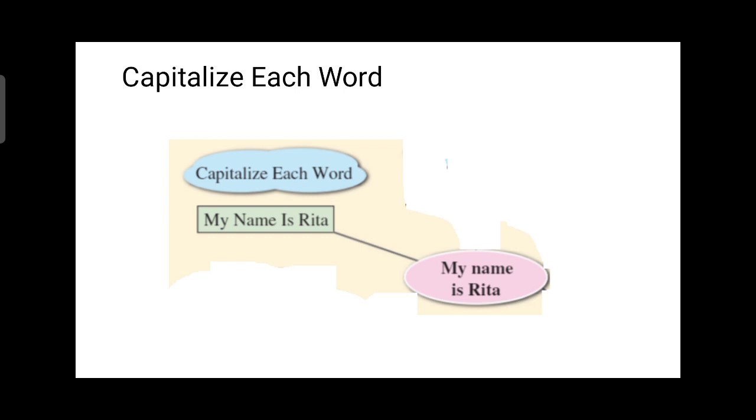Now if you select it, go to the change case option and click on capitalize each word. You will get the answer like this: M is capital, N is capital, I is capital, and the last one R is capital. This is capitalize each word.